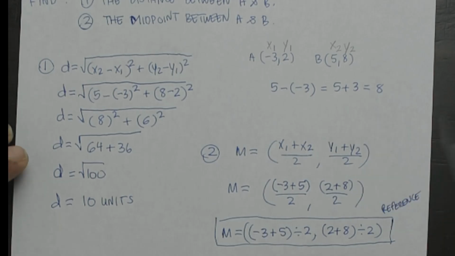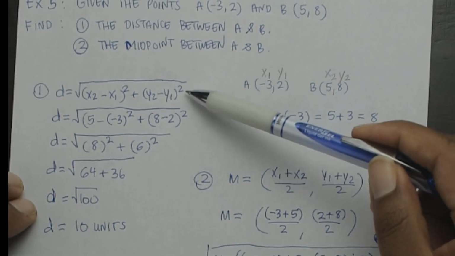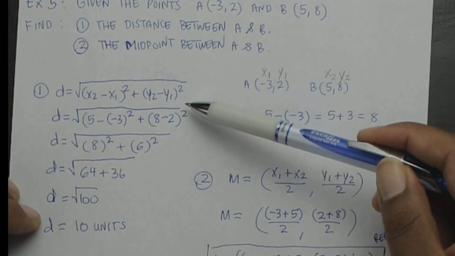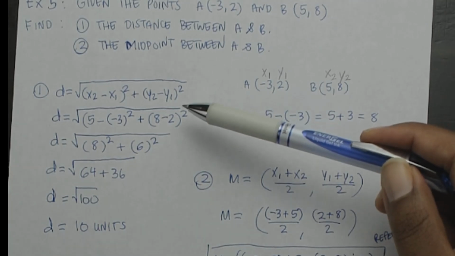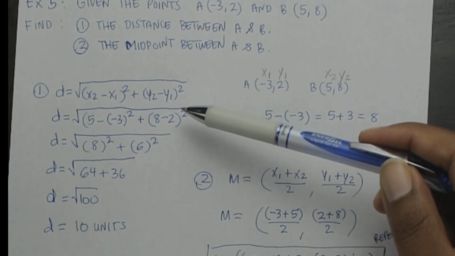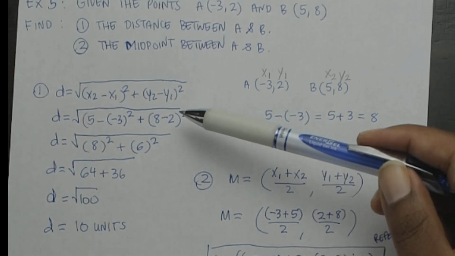Now, here are the 3 things I want you to remember. First, the distance formula comes from the Pythagorean theorem. Secondly, the distance measures length. That's what we discovered in figuring out the right triangle. So it can never be negative. If you're finding the distance, it can never be negative.